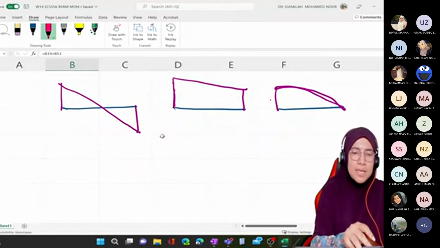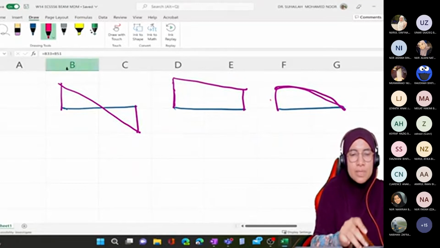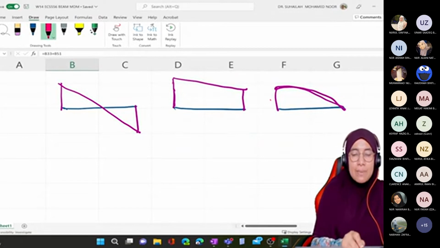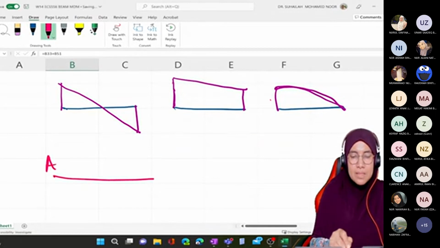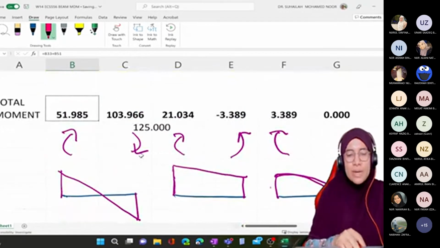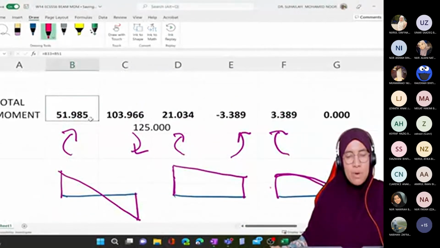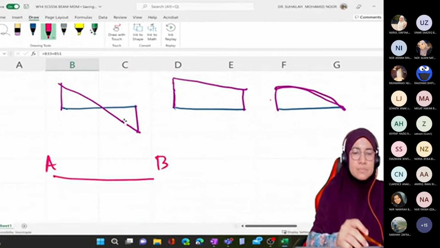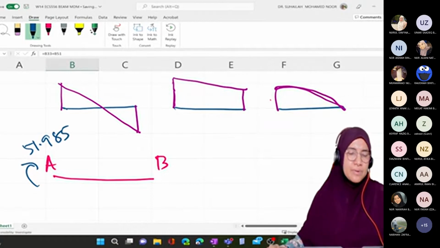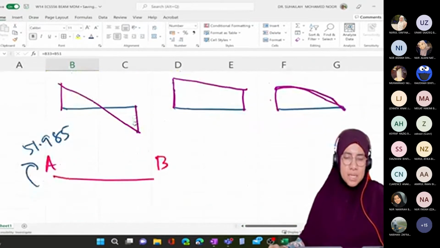Because we draw this bending moment from member AB, this is A, this is B. So we have moment 51.985, 51.985 here, and 103.966.